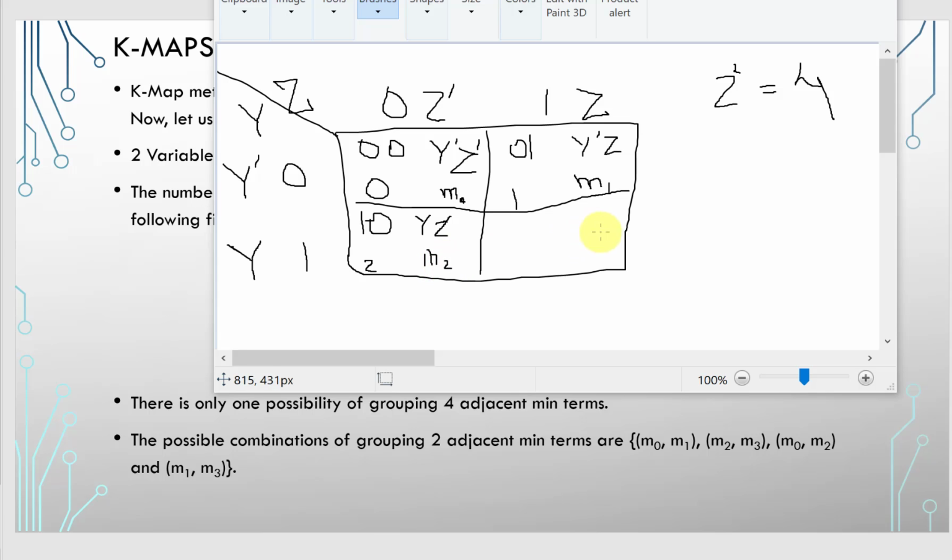And similarly, we have 1, 1, yz, and the decimal value for this is 3, and we will get m3, right? Okay. So this is the Karnaugh map for two variables, which are y, z.